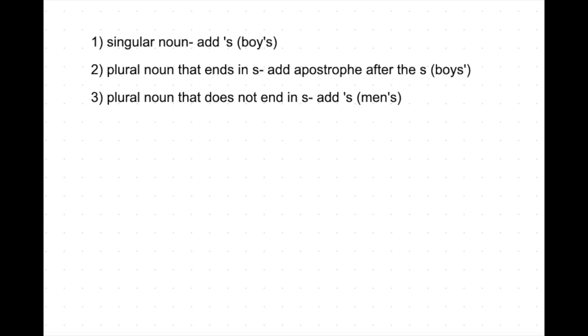Rule 1, for a singular noun, a regular singular noun, you add apostrophe S to show ownership. For a plural noun that ends in S, you add an apostrophe after the S, like boys'. Plural nouns, a plural noun that does not end in S, you just add apostrophe S, like men's.